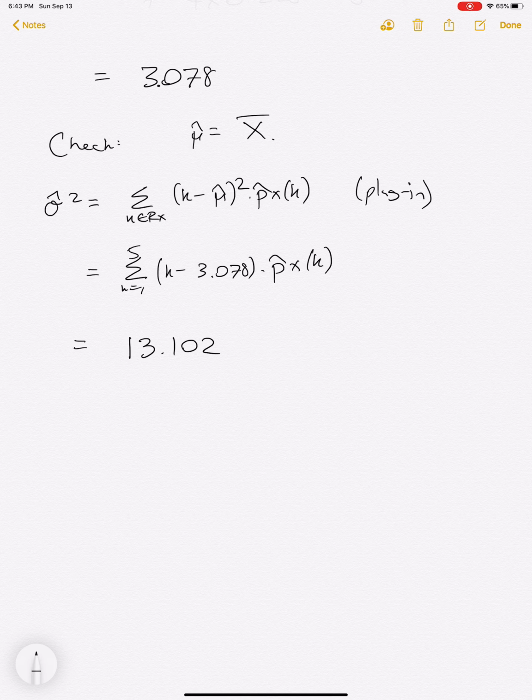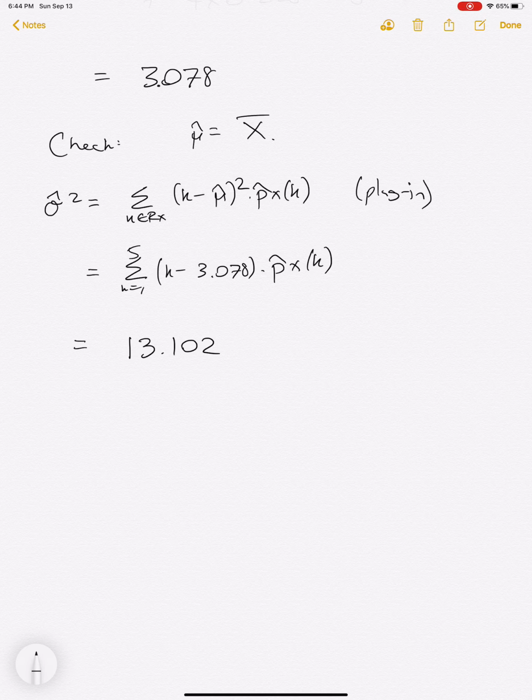So this is something you can check. You have quite a high variance there. Even though you got this mean of 3.078, the estimated variance was quite high, and that in some ways makes sense because this distribution is highly skewed to both ends, and so that's why you get quite a high variability in the ratings.